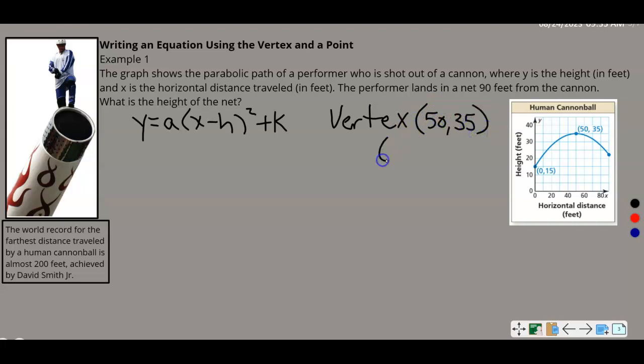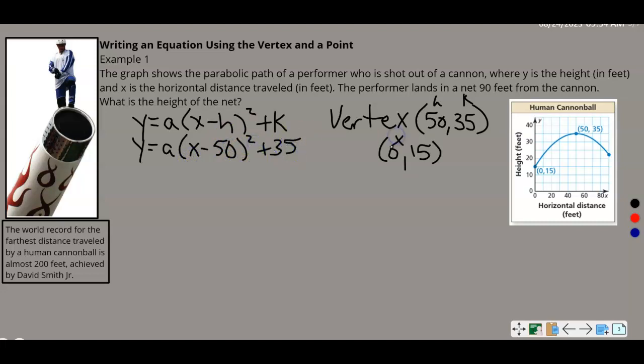And we have another point, our y-intercept, (0, 15). What we can do is plug that in. We know that our vertex, this is h, and this is k. So we're going to say y equals a times x minus 50 squared plus 35.